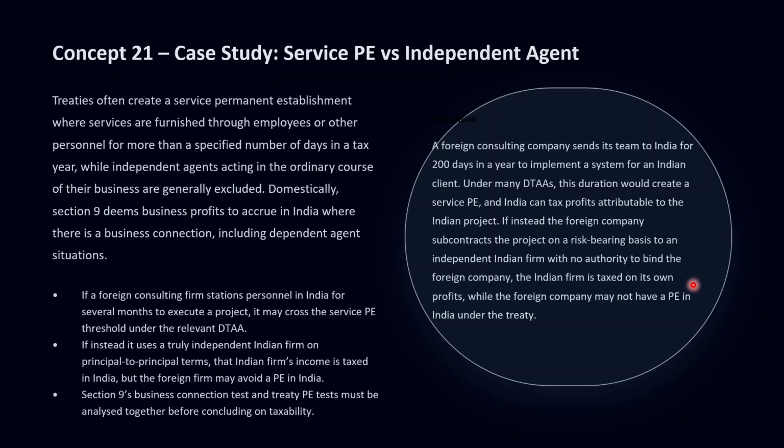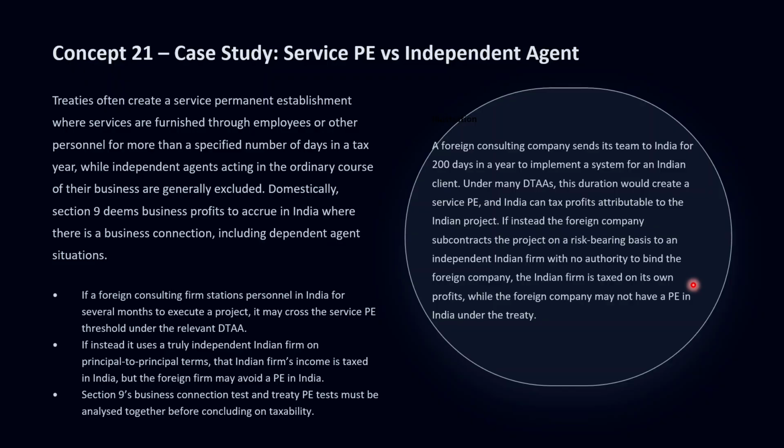We discussed the concept of permanent establishment, profit attribution, limitation of benefits clause, GAAR provisions, MAP provisions, country by country reporting. Now in this third video, I want to move from pure concepts to practice.